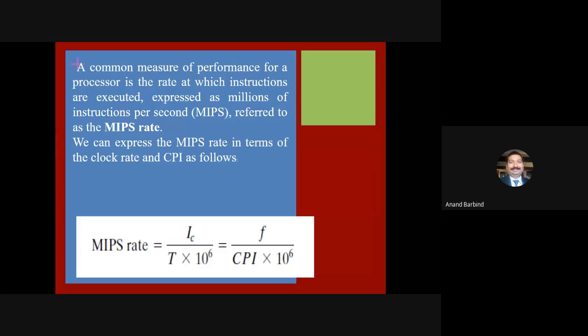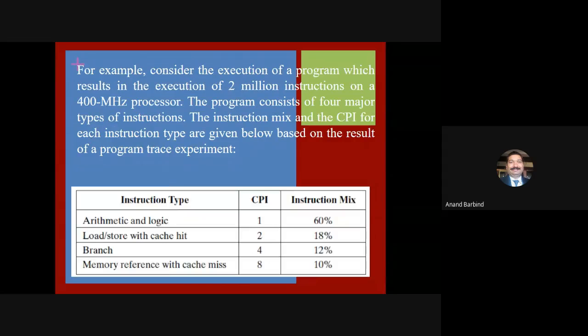Okay, so in the last class we already discussed one example to calculate the average CPI and the MIPS rate. This is the example that we discussed.